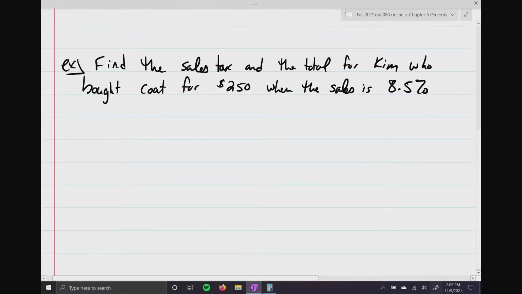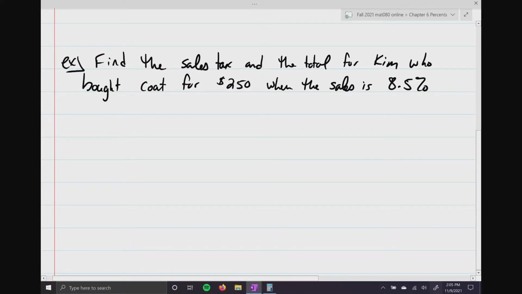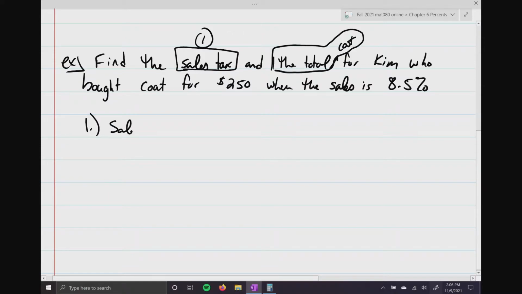Okay? So for us, we need to calculate the sales tax first. So you got to do that first because you need that number. Oh, I forgot the word total cost. You need the sales tax to find a total cost. So first, let's just do sales tax.